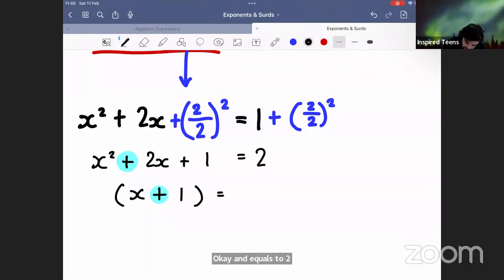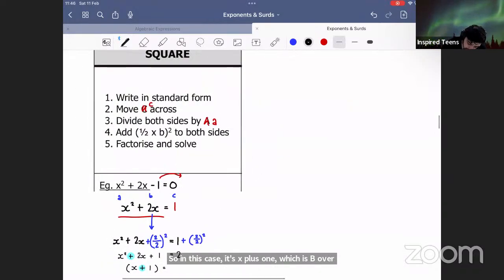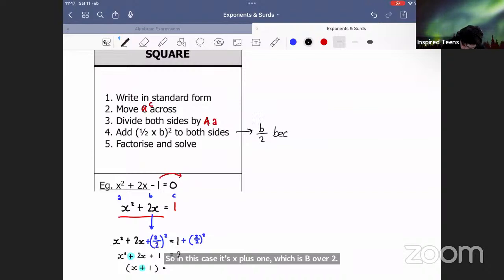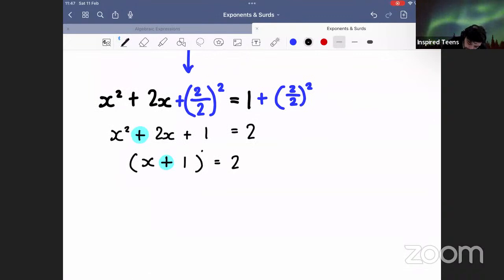So in this case, it's x plus 1, which is b over 2, is equal to 2, but squared. You square that bracket.